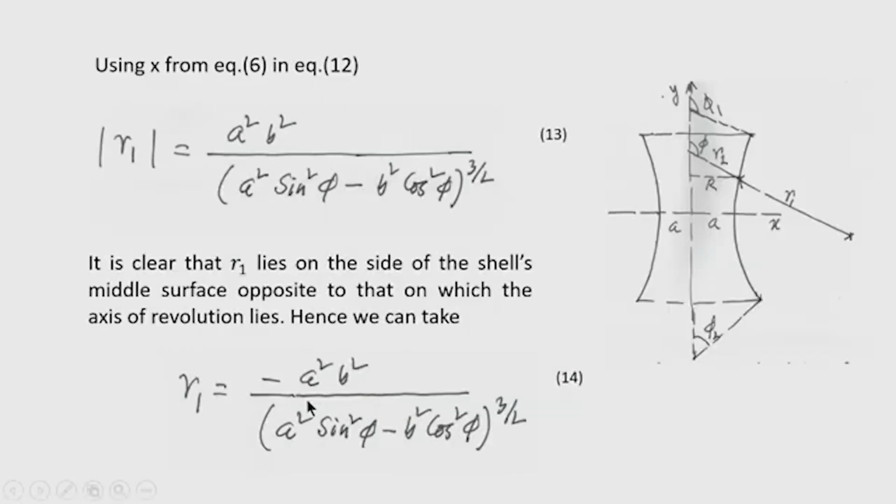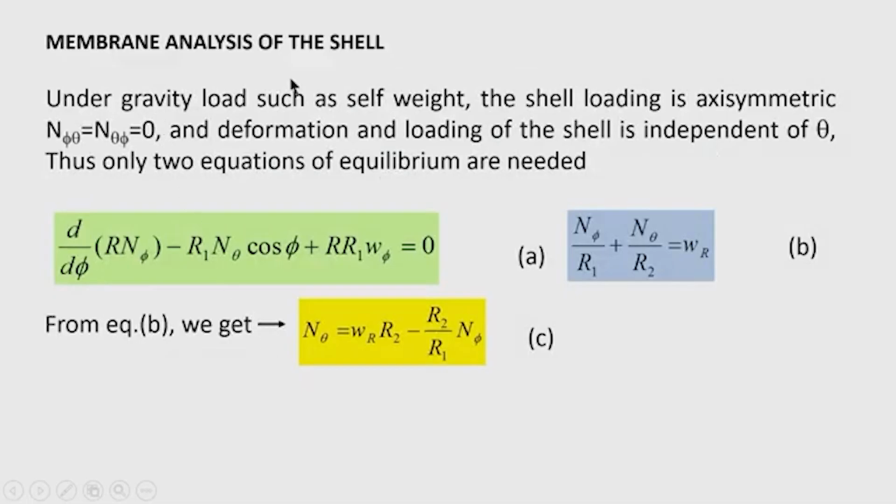So, next we go for membrane analysis of the shell. The shell here is under axisymmetrical loading; although it is an anticlastic shell, it is of doubly curved nature and is a non-developable surface.